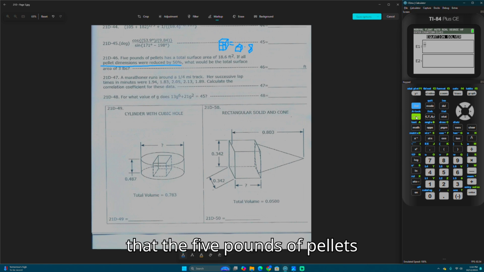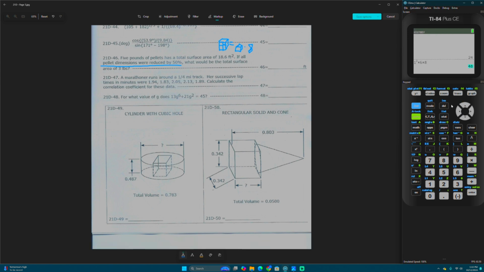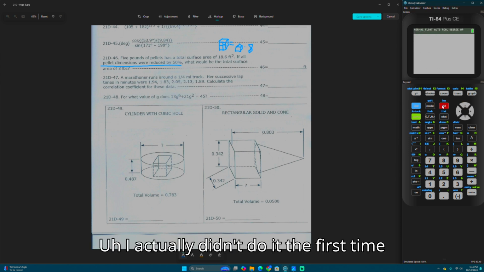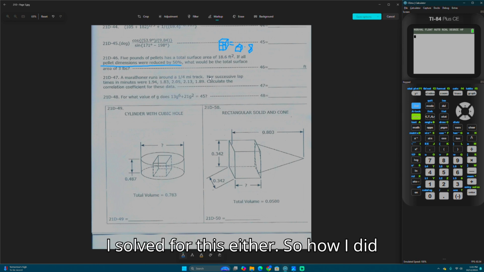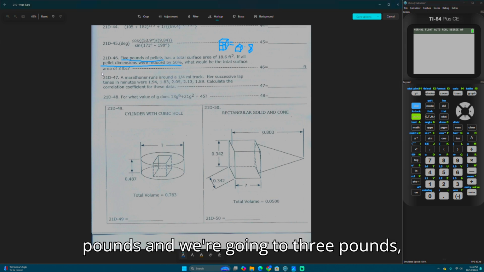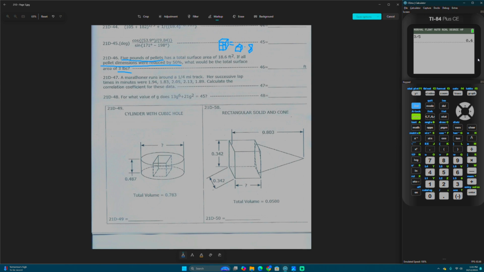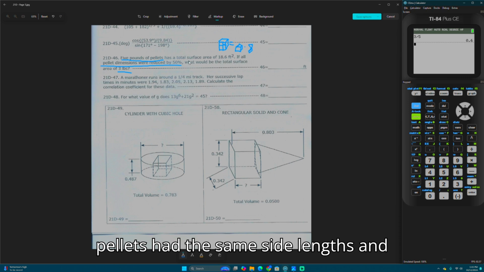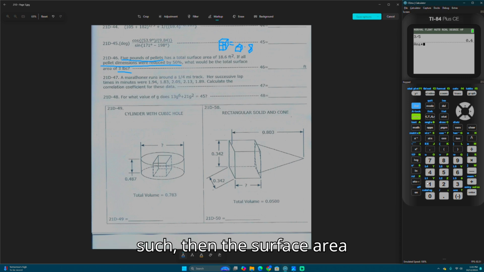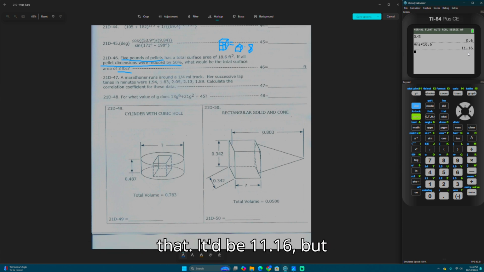Alright, so we're told that the 5 pounds of pellets have a total surface area of, actually we don't even need the numeric solver. I actually didn't do it the first time I solved for this either. So how I did it: we're given 5 pounds and we're going to 3 pounds, right? So that's a decrease of 5/3, so it's 60%. If all the pellets had the same side lengths and such, then the new surface area would be 11.16.